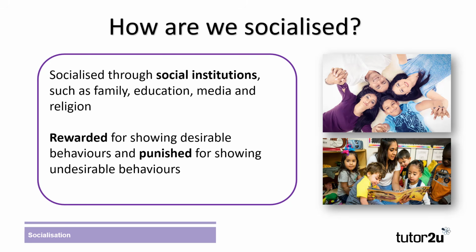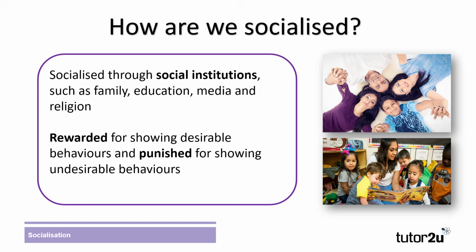When we copy those behaviours, we receive rewards, usually in the form of praise or social acceptance. When we deviate from those norms and values, we are punished, either through formal or informal means. Now, this can be a broad spectrum from disapproval of our actions to imprisonment. Eventually, we internalise these norms and values, and this enables us to function in society.